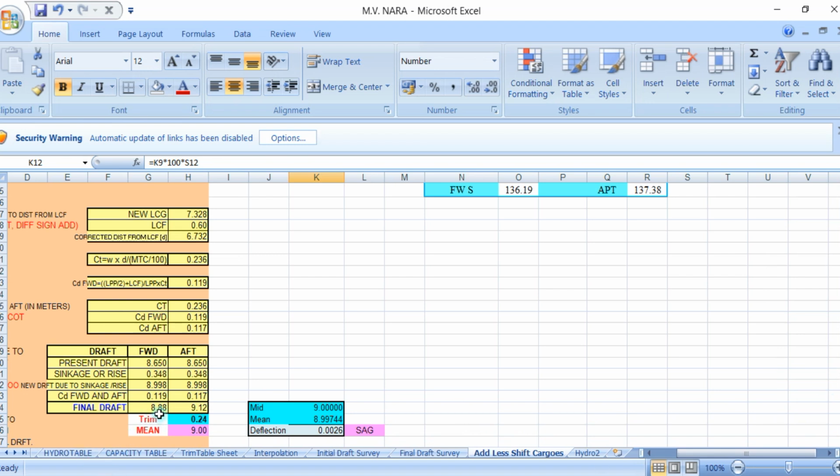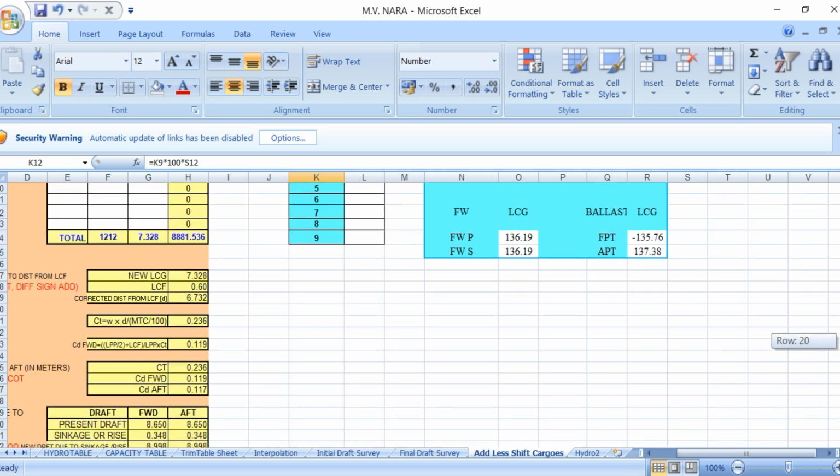Forward draft will be 8.88 and your aft draft will be 9.12, and your trim will be 0.24 and your main draft of 9. So your deflection is 0.